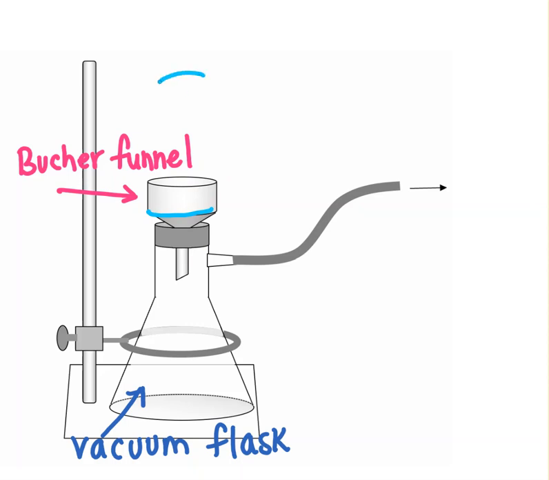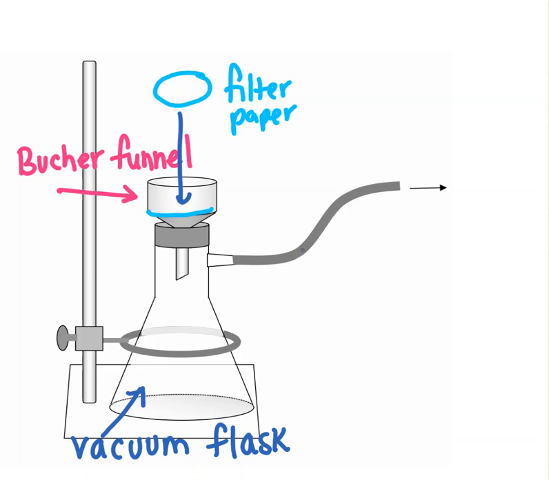So what you do is you use a round piece of filter paper and you put that down into this flat bed. The flat bed has little holes in it, but they're too big. So you put the filter paper down in there and you wet it so that it makes a good seal, so that when you filter, the liquid has to go through the paper.